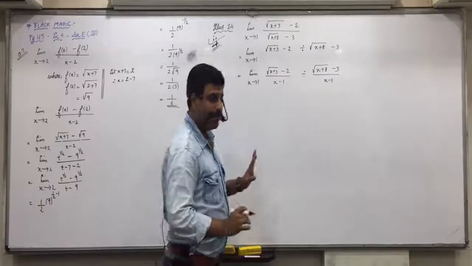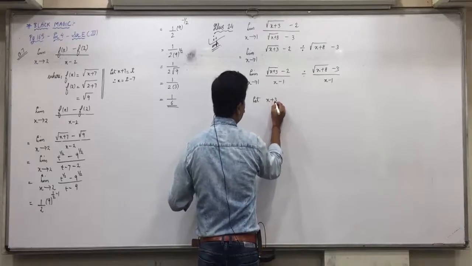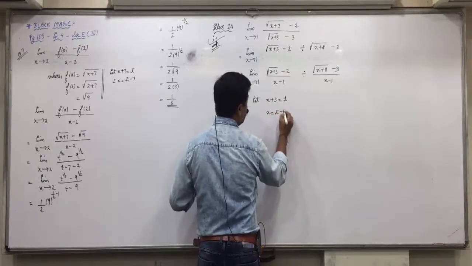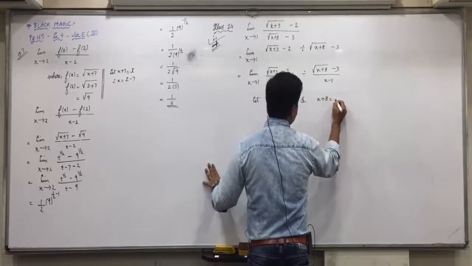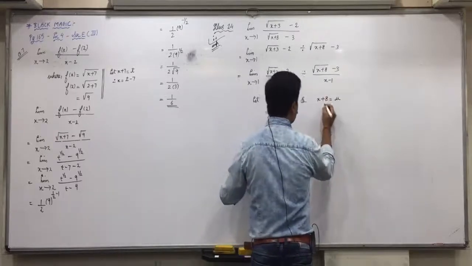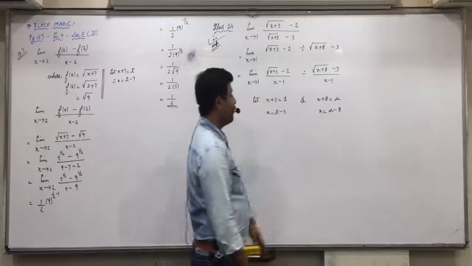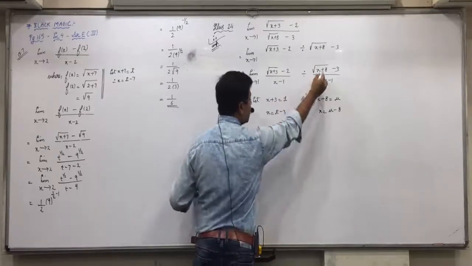Yesterday we practiced that. Now let x plus 3 equal t, so x will be equal to t minus 3, and let x plus 8 equal u, other than t, u. So x will be equal to u minus 8. Okay? This is for x plus 3 and this is for x plus 8.